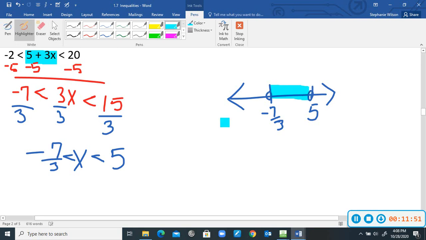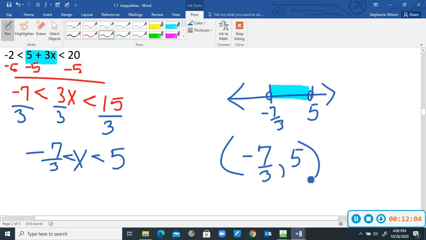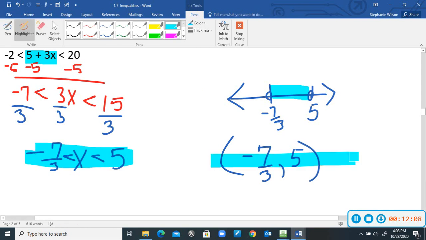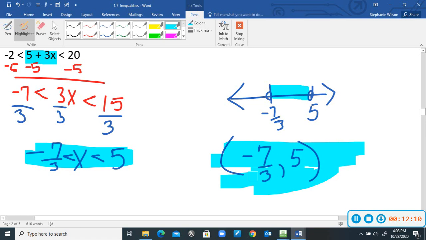There you go. And now I can write my interval notation. It's parenthesis -7/3, comma, 5, parenthesis. So I got my set, my interval notation, and my number line.